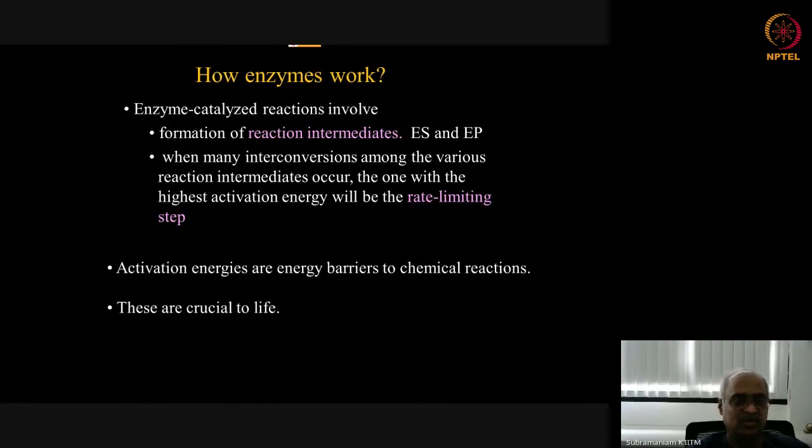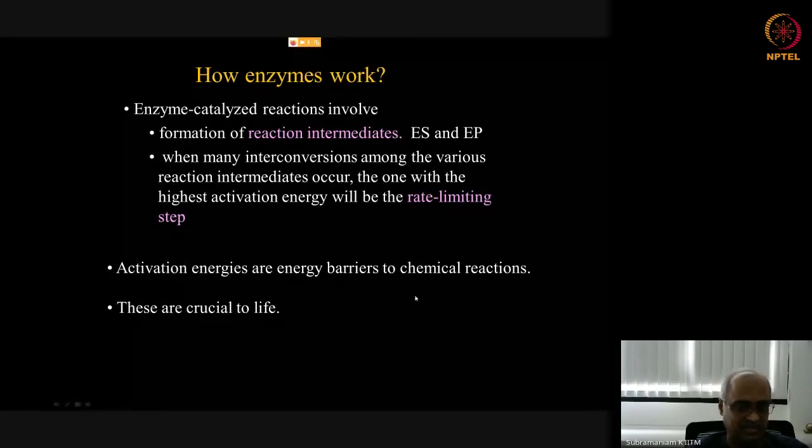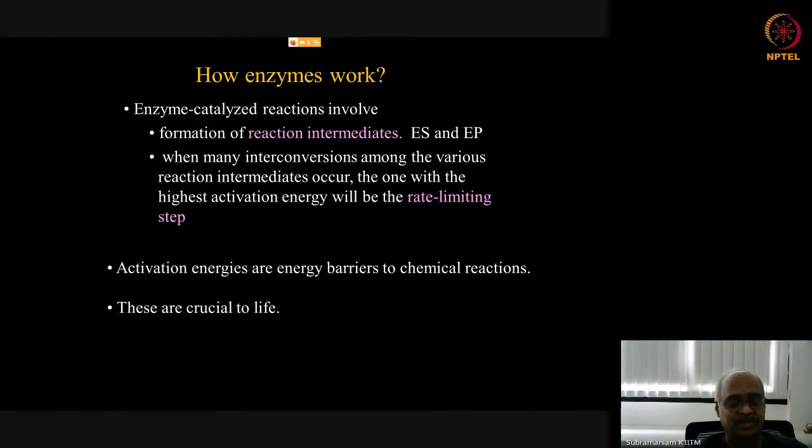Okay. So such energy barriers in biology are essential to make sure the right reactions happen at the right time, and large complex molecular assemblies or large molecules are actually stable. They don't readily break down into products.